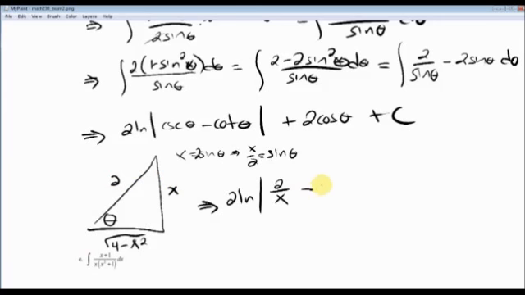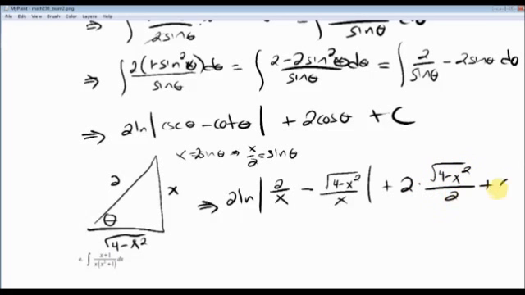Minus cotangent, which is this. Plus 2 cosine. Now cosine is adjacent over hypotenuse, so we get square root of 4 minus x squared over 2. Now you can do some simplifying, like crossing out the 2's and things like that. That's not really a big deal.